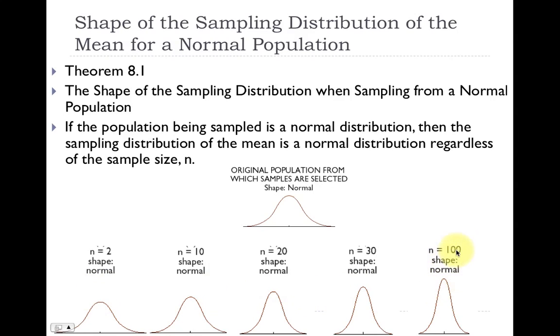But no matter what happens to the peak, the shape is still considered a symmetric bell-shaped curve. It is still normal. Therefore, if it's still normal, you have the ability to do things like use normal CDF and inverse norm when dealing with a sampling distribution, which is a very, very powerful tool.